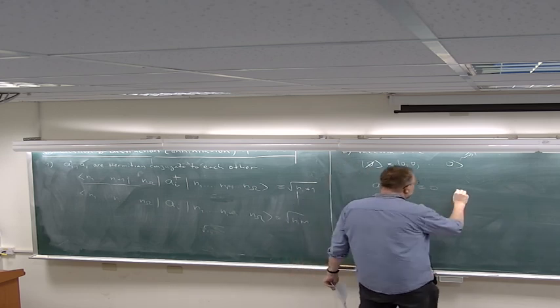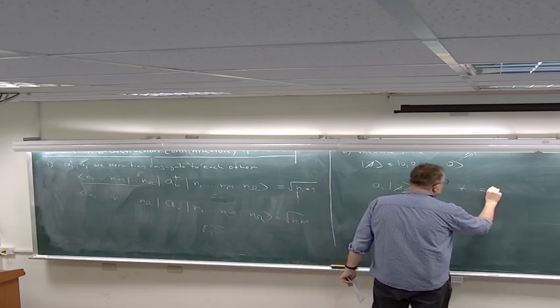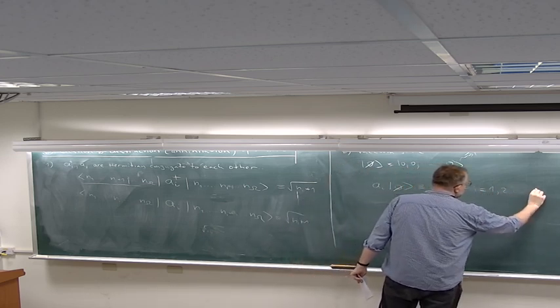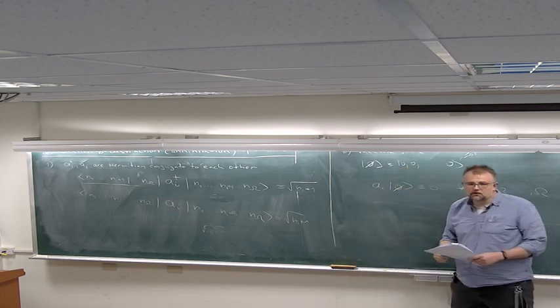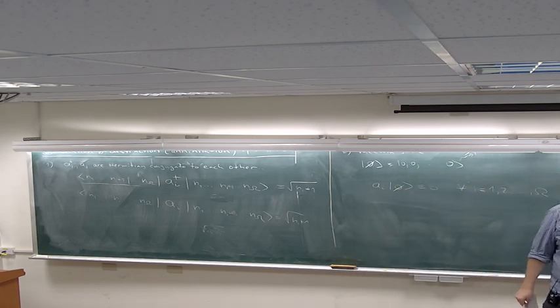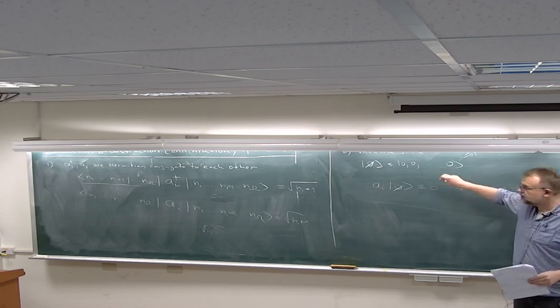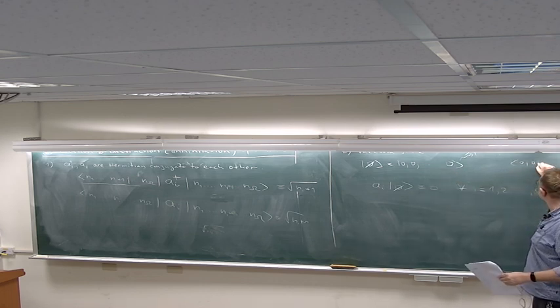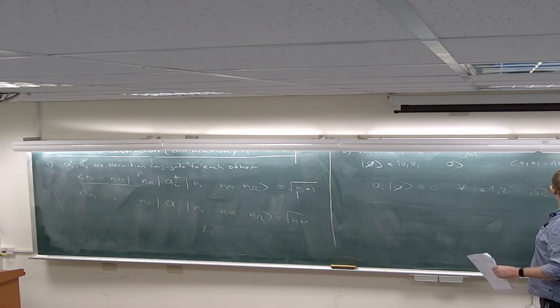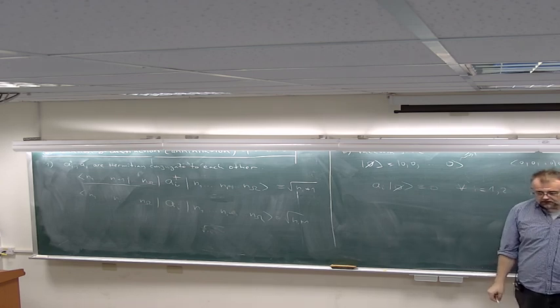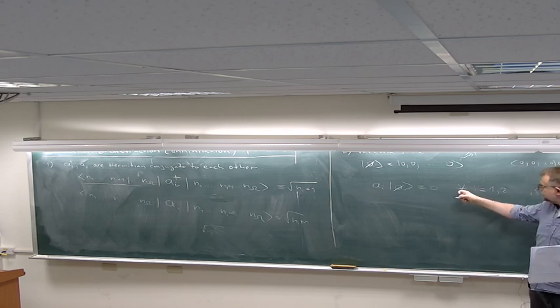The definition of the state is that for all i from 1 to omega, if you apply the annihilation operator on it, you will get the zero vector. This is not a zero vector, because the scalar product of this state with itself is 1 by definition. A zero vector is a vector whose scalar product with itself would be 0, okay?